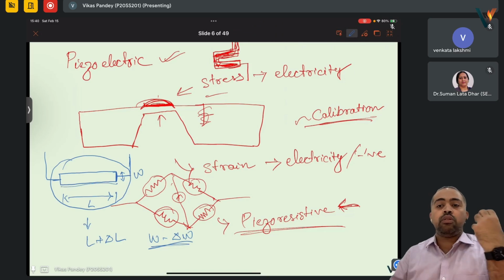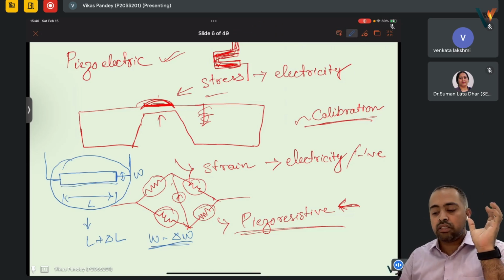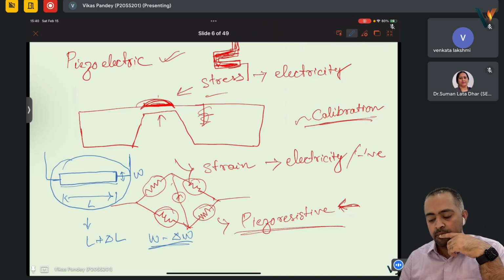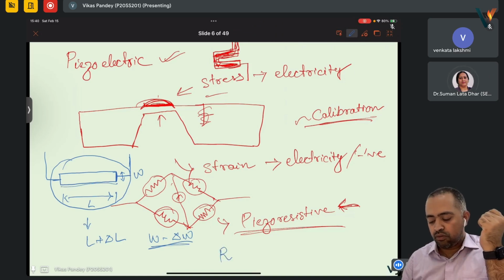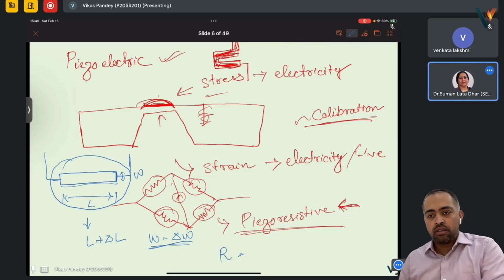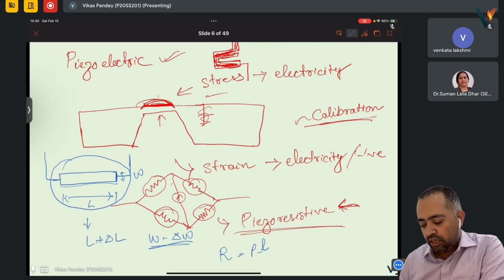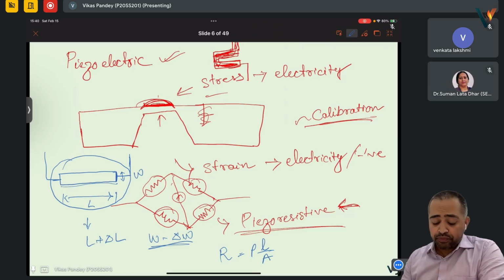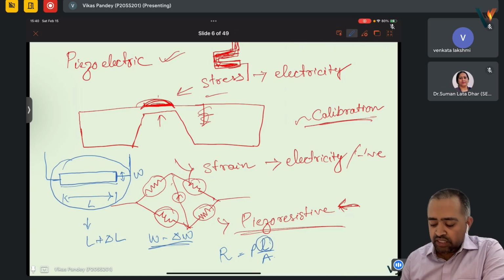Now, if we talk in terms of resistance, can anyone tell what is the formula of resistance in terms of resistivity? R equals rho L upon A. Yes, very true. So now L is changing and A is changing.